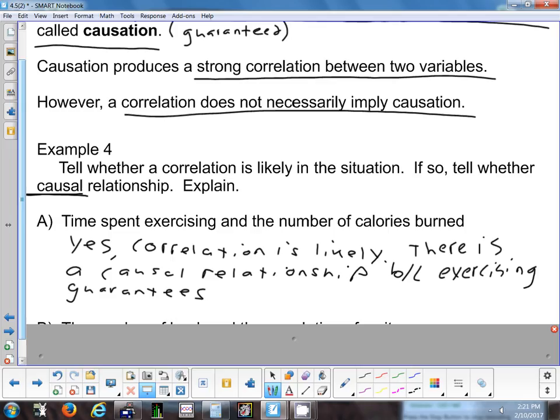That's as simple as I know how to say it. Again, assuming you're putting in the same effort, you're doing the same exercises, you're doing more of the same thing. Same intensity, stuff like that.